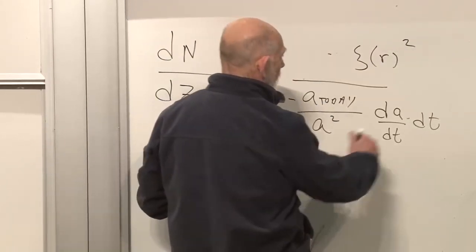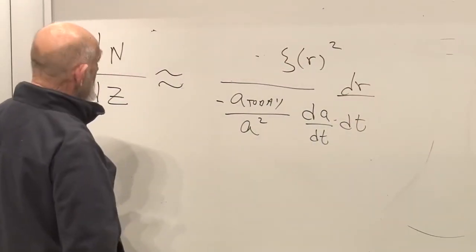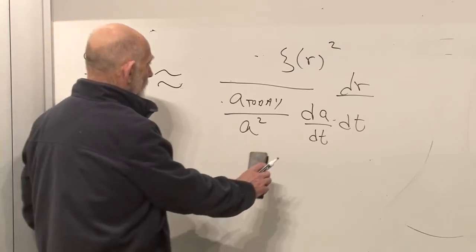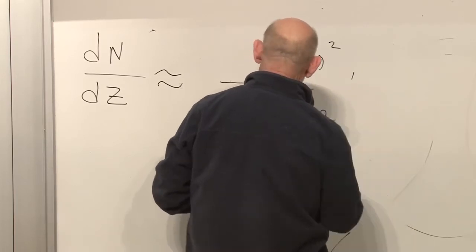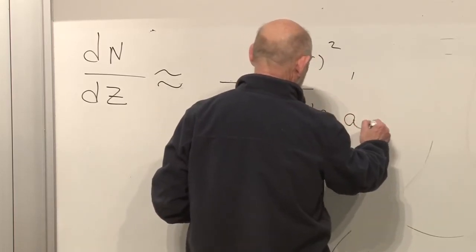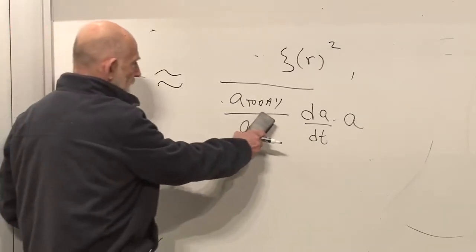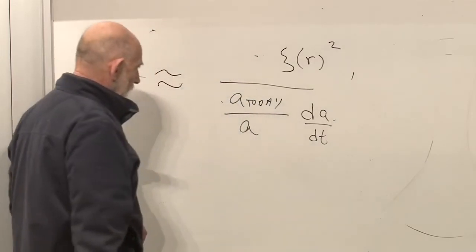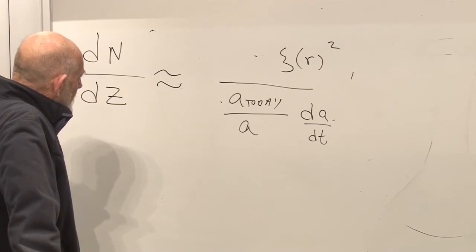let's put dr by dt. And dr by dt is minus 1 over A, so that gets rid of the minus sign and gives us another A downstairs. Good. The A's cancel. This A cancels this A. I don't like it.